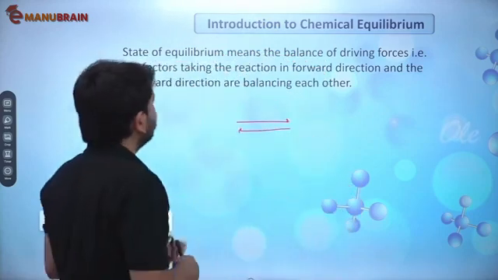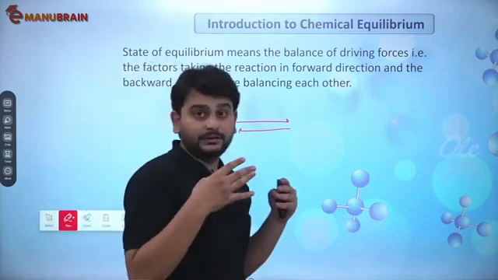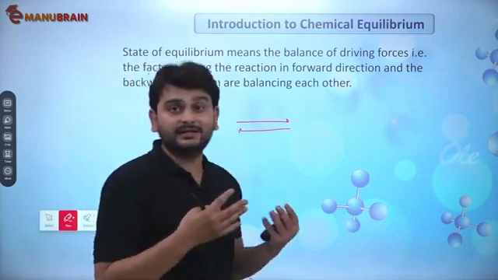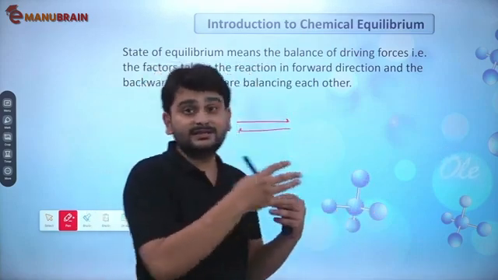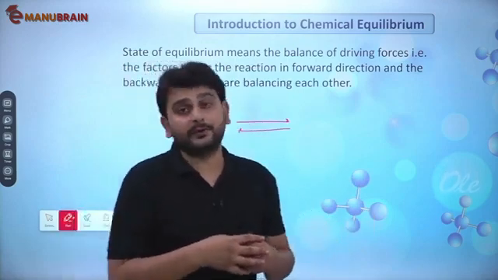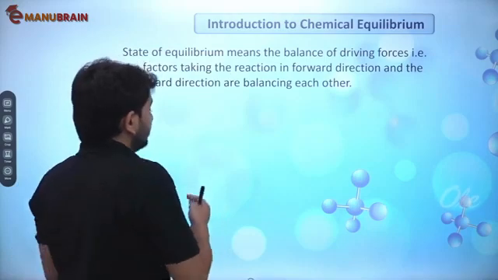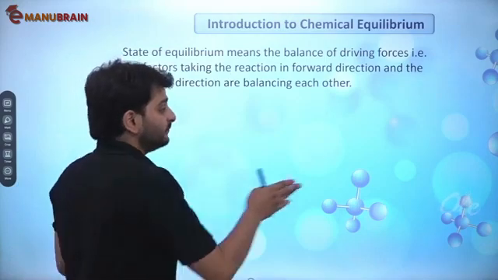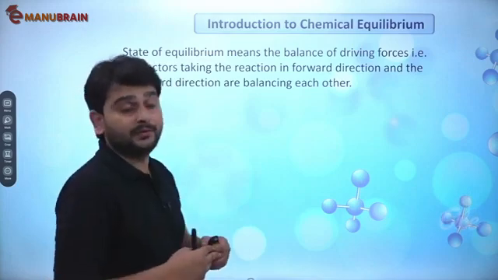So on a macro level, in chemical equilibrium, if something is carrying the reaction in the forward direction, the tendency to go in the forward direction is the same as the tendency to come back in the backward direction. I hope you understand this point. So the conditions or factors that contribute to the forward reaction become equal to those factors which are contributing in the backward direction, guys.